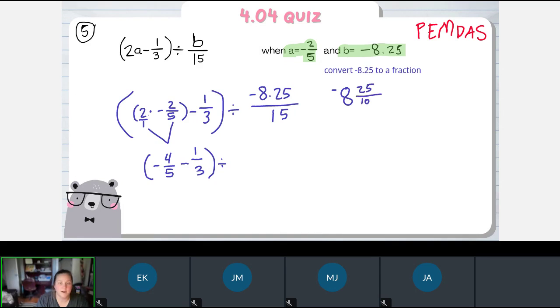However, we want a fraction, not a mixed number. So we just need to multiply 8 times 100, which would be 800. And then plus 25 would be 825 over 100. And we can simplify that by dividing by 4. And that would give us negative 33 over 4. So that's what we need to work with.